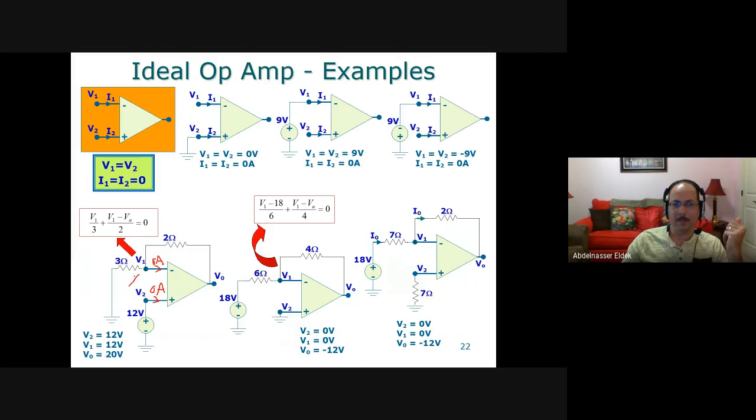So these two are the same. You have to write 12 here. Okay, and then you apply nodal analysis at the input. You don't apply it at the output, of course. You apply it at V1. When you apply it at V1, you have three currents. You have the current in this resistor, and the current in this other resistor here.